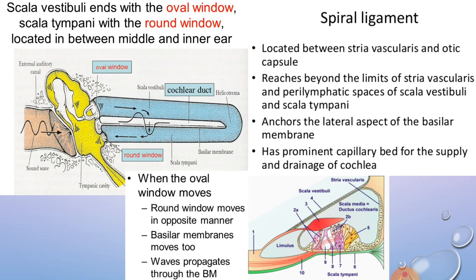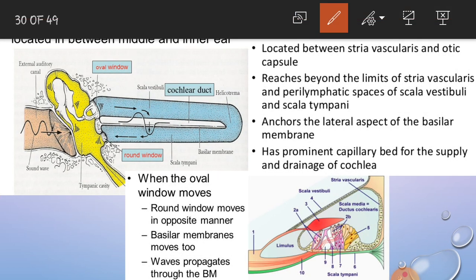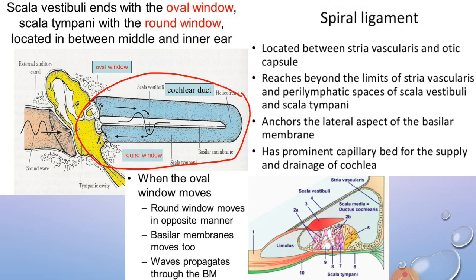Now, if we straighten up the cochlear canal, we'll look at this. The scala vestibuli ends with the oval window and the scala tympani with the round window, located between the middle and inner ear.